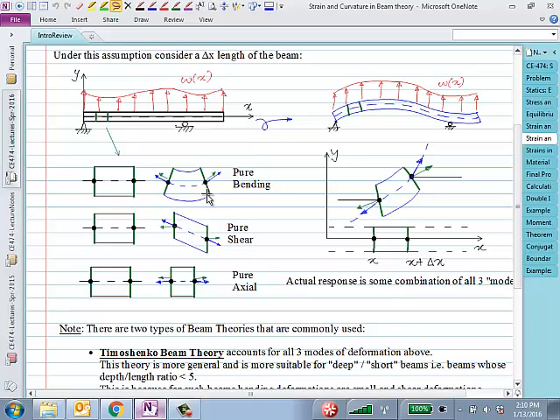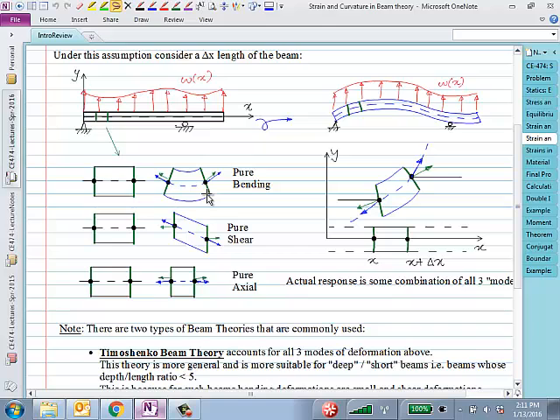And in such cases, shear deformation does become important. For deep beams, you cannot neglect shear deformation. So only for slender structures, the deformations are so big that the shear deformation is negligible in comparison to the bending deformation. For deep beams, shear deformation is not negligible in general in comparison to bending deformations.